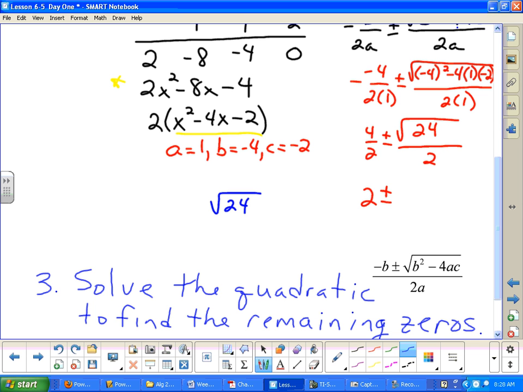Okay, well, we have our squares right here, right on the board. What's the largest one of these numbers that goes into 24? Okay, 4 does, right? 16 doesn't go in evenly, so 4. So this would be the square root of 4 times the square root of 6. And the square root of 4 is 2. So it would be 2 square roots of 6 over 2.